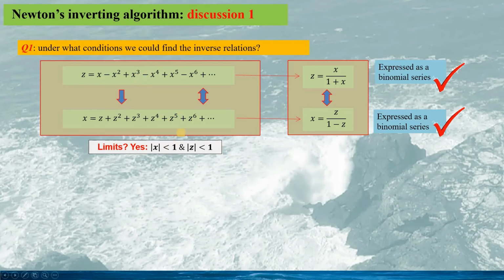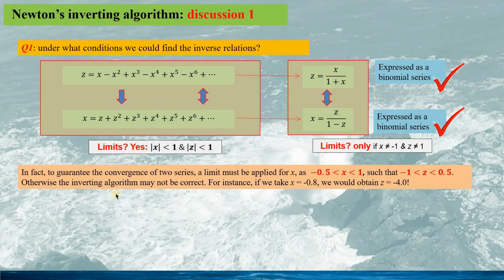For example, we should have the limit for the first series that absolute x is smaller than 1, and the same for the second series, where absolute z must be smaller than 1, such that these two series would be convergent. But if we examine these binomial functions, we don't have such limits if x is not equal to -1 and z is not equal to 1.